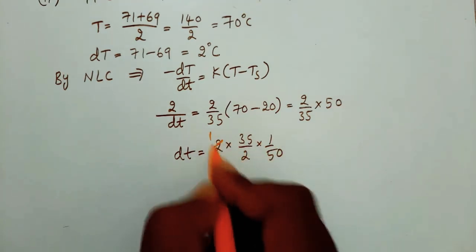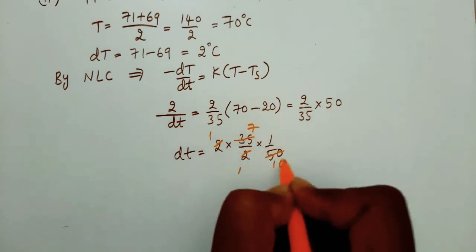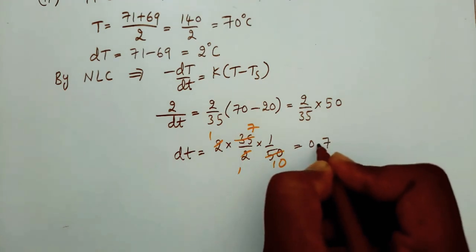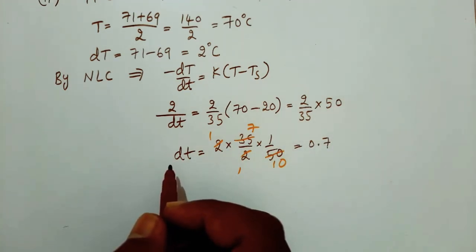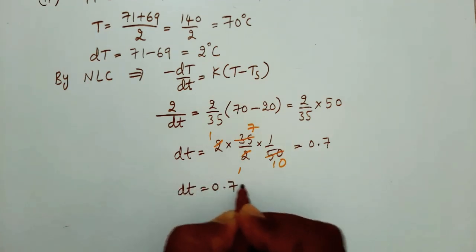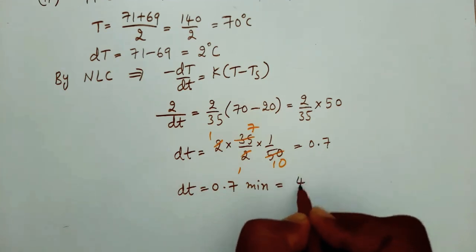Here the 2s cancel. 5 sevens are 35, 5 tens are 50. So that is 0.7. The time taken for a hot body to cool from 71 degrees Celsius to 69 degrees Celsius is 0.7 minutes. So that is 42 seconds.